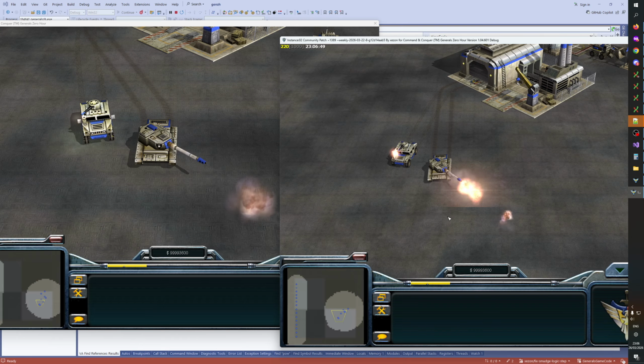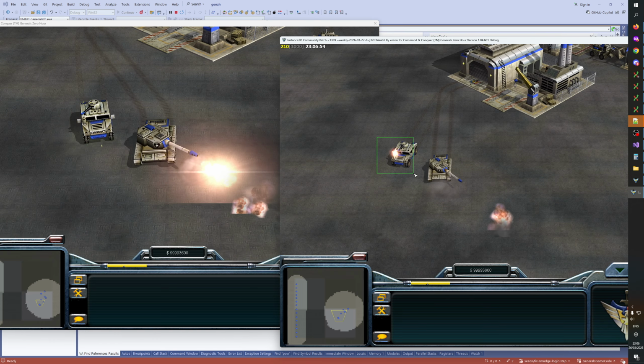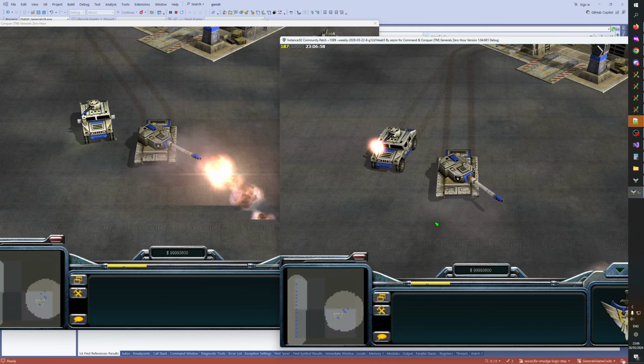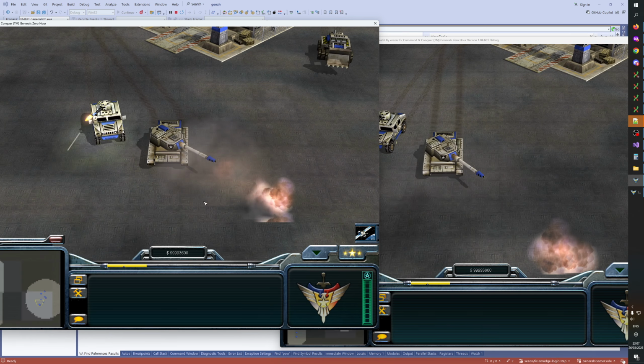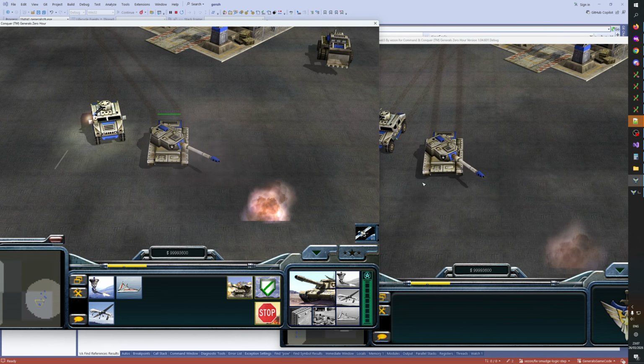Okay, so there's certainly something wrong with the light here. Let's zoom in a little bit. Let's shoot here.